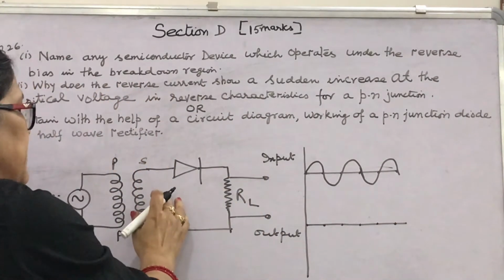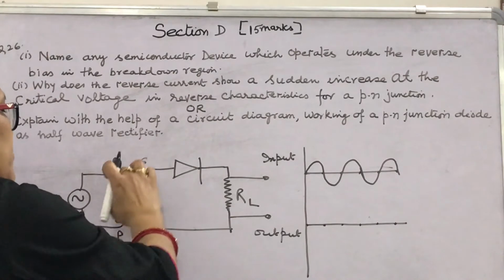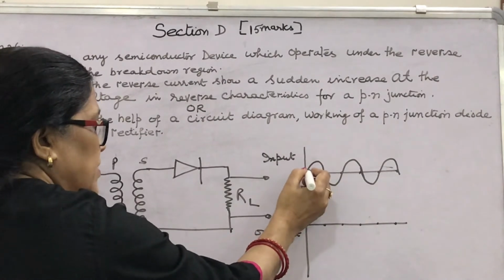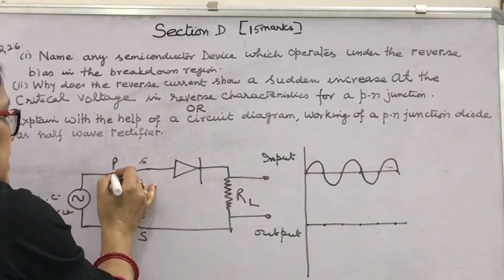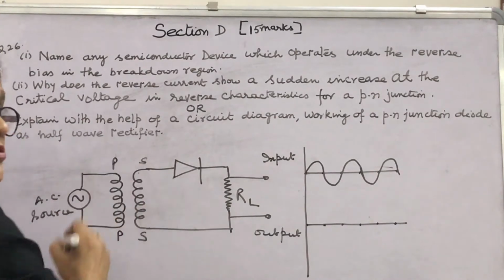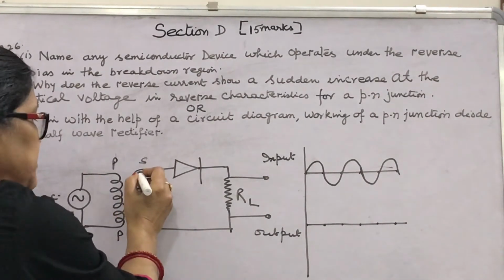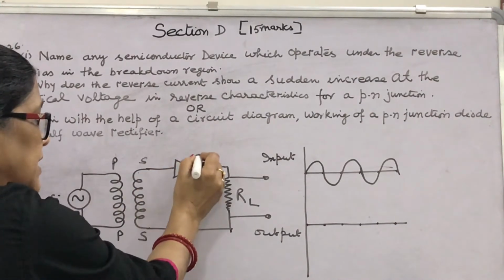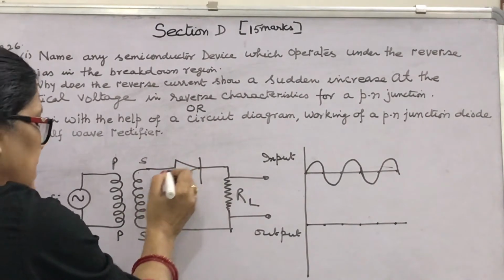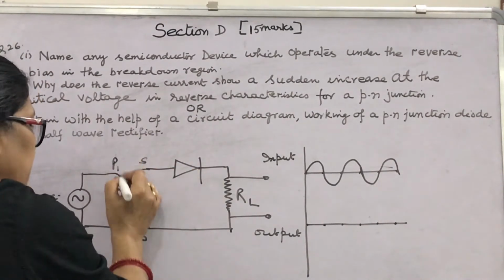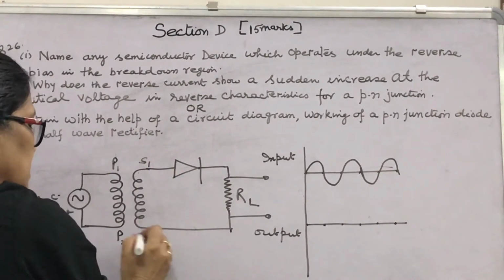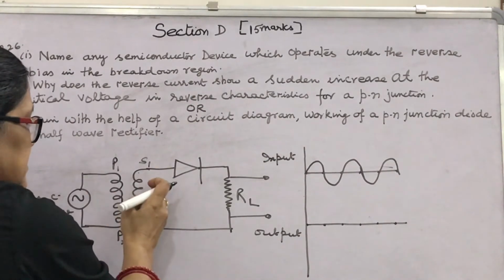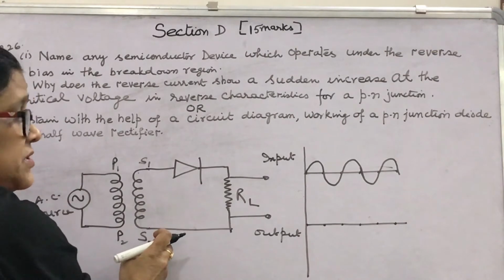For the first half cycle, when P1 is positive, P2 is negative. Due to mutual induction, the same changes occur here: S1 is positive, S2 is negative.